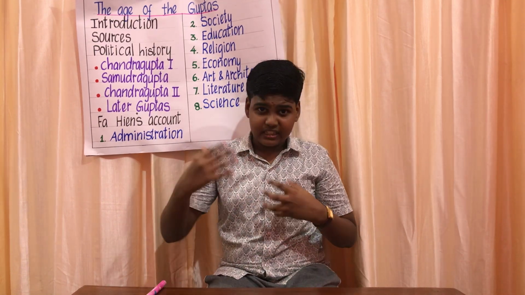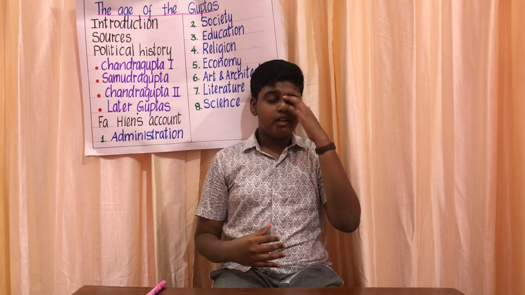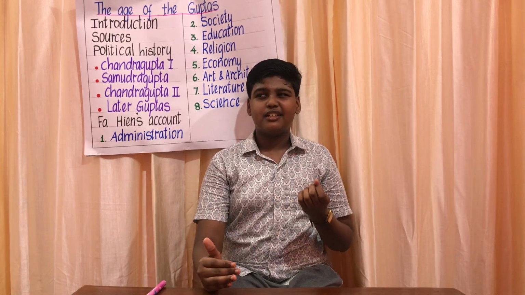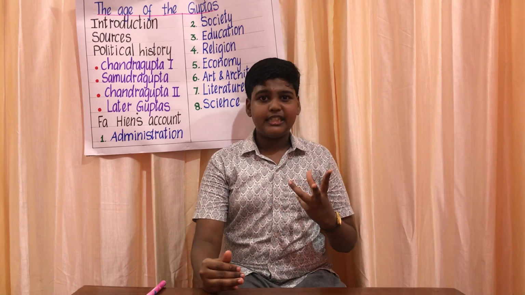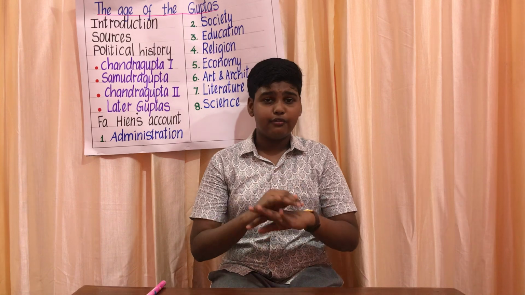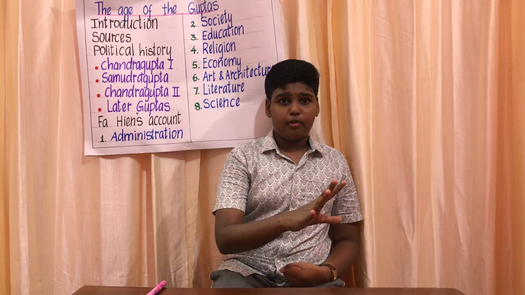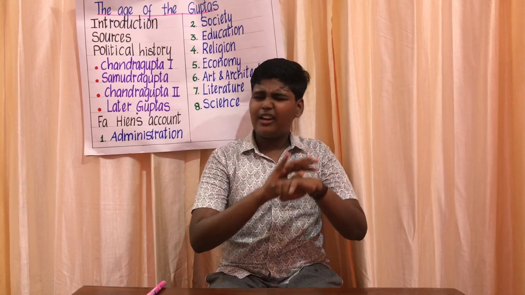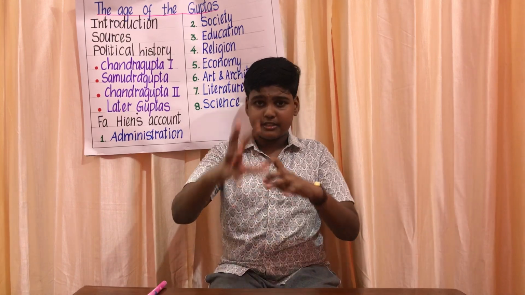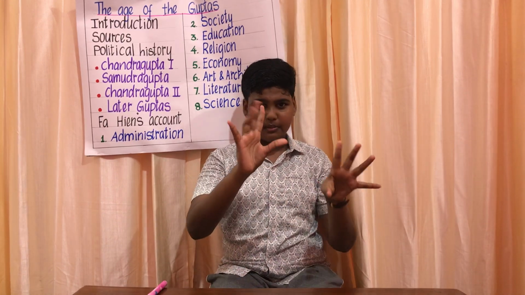But soon after, they became very big. For example, the Dashavatara temple at Deogarh, which is near Jhansi, the temple at Sanchi, and the temple at Bhitargaon, near Kanpur. These are very beautiful temples, constructed with white stone as well as marble.